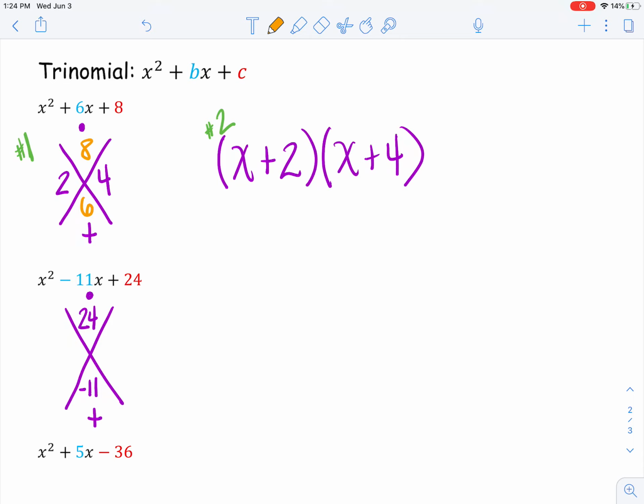Okay, you can't have a mixture. They both have to have the same sign in order to multiply to positive 24. But if I look at negative 11, that means my numbers have to add to a negative number. Well, the only way that that can happen is if both of these values are negative.